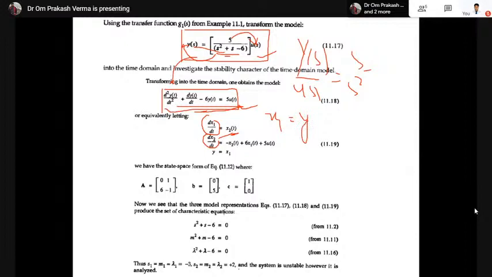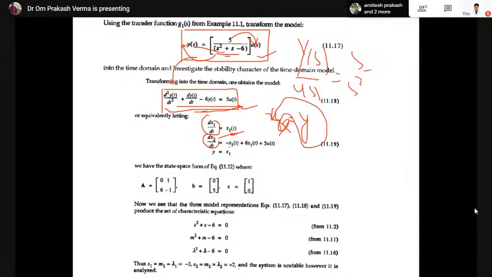Then we can write dx1 by dt equals x2, and dx2 by dt equals this one.